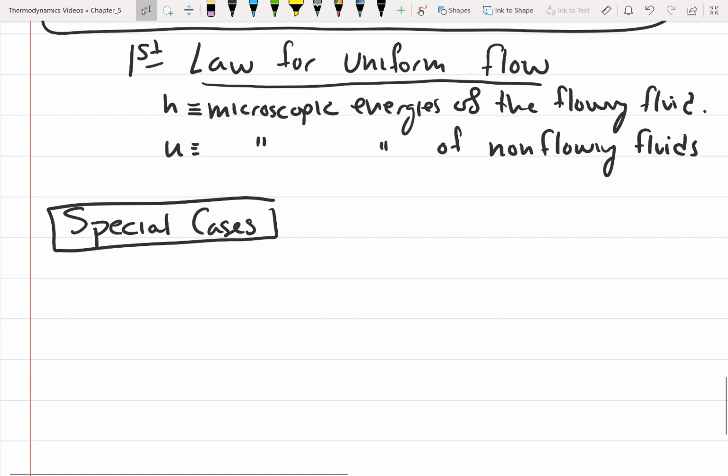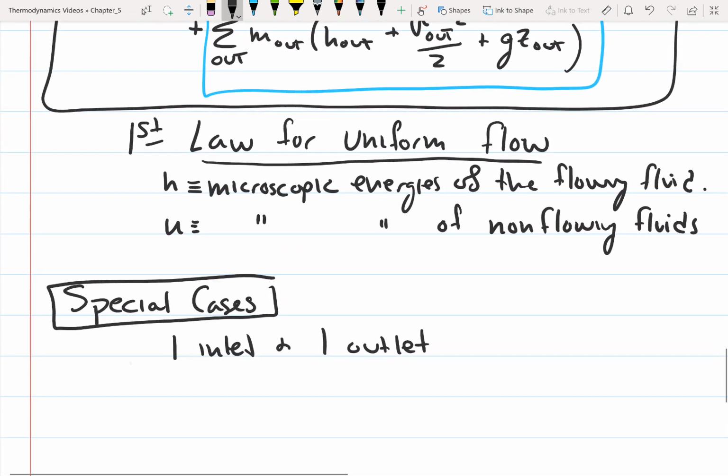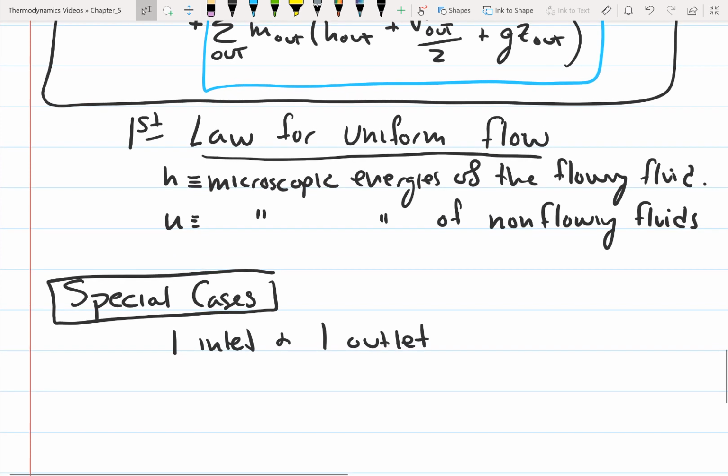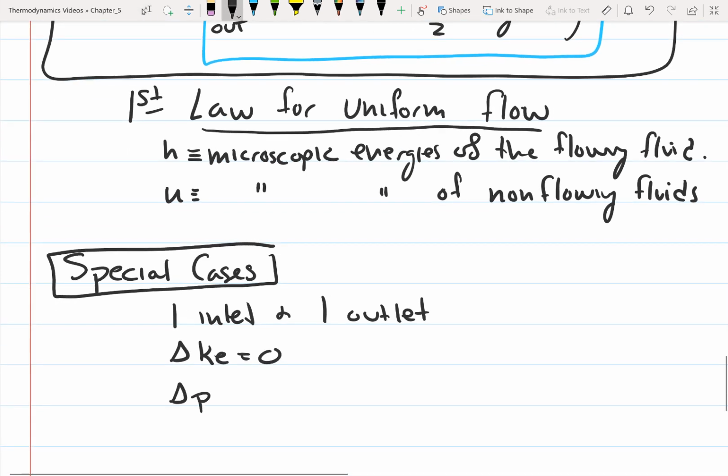The first one is we want to assume that there's only one inlet and one outlet. The other thing we want to assume is that the changes in kinetic and potential energies are zero. So we're going to assume that delta KE is zero and delta PE is zero.